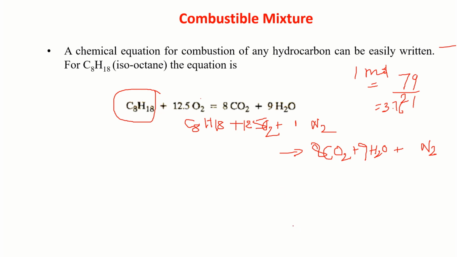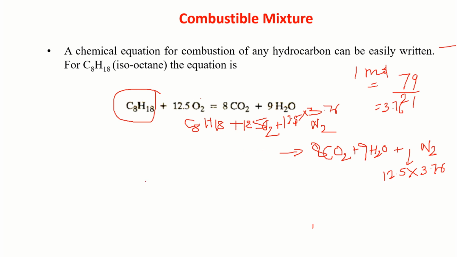So I should write 12.5 into 3.76 of nitrogen that I supply. Whatever nitrogen I supply, the same thing comes out here: 12.5 into 3.76 of nitrogen.